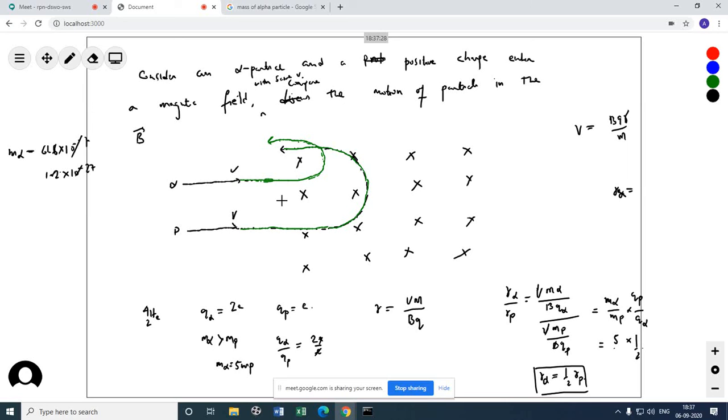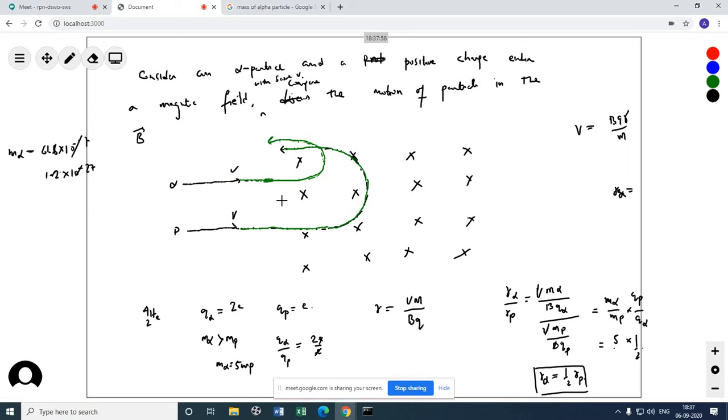Okay? Yes, sir. So now there is one part I am giving you to explore. Imagine the radius, what will happen if the velocities are different? If the velocities are different, compare their velocities now. Let's say the radius will not be the same. Take two alpha particles. One describes a greater radius and another describes a smaller radius.